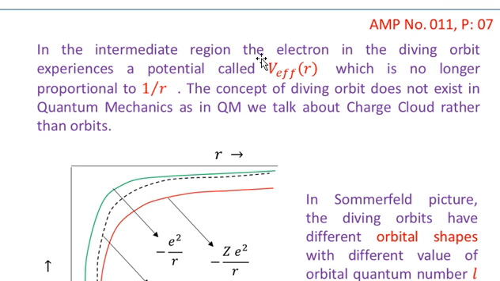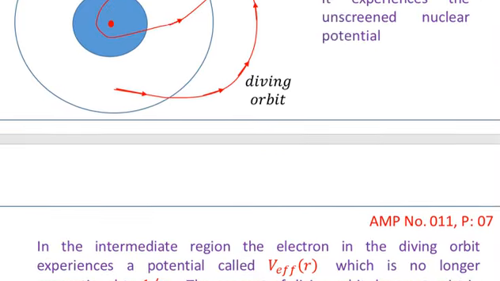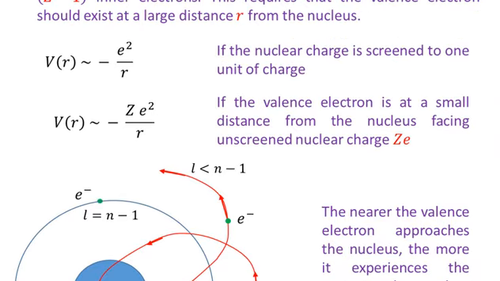In the intermediate region, the electron in the diving orbit experiences a potential called V effective, that is the effective potential. When the electron is far away from the nuclear charge, the potential is given by minus e squared over r.